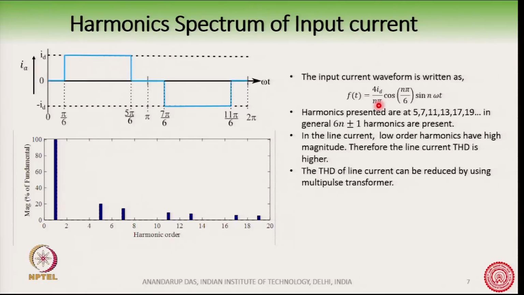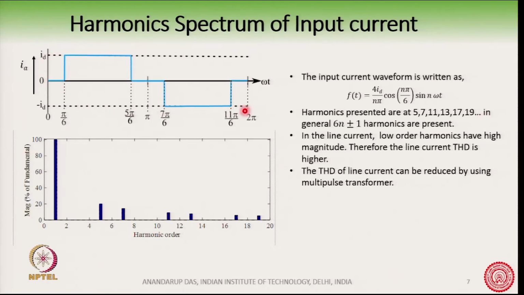In the case of the input current drawn from the 6 pulse rectifier, the value of alpha is pi by 6, as you can see here. So if you put n pi by 6 in cos n alpha, and put the values of n as 3, 5, 7, 11 and so on, we find that the 5th, 7th, 11th, 13th, 17th, 19th, in general 6n plus minus 1 harmonics, are present in the input current waveform.